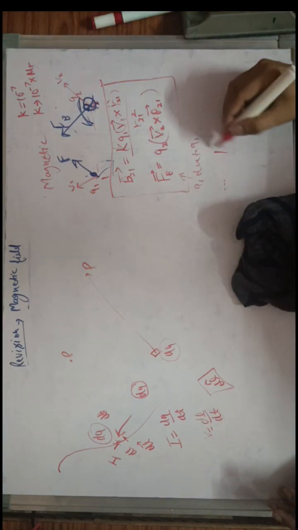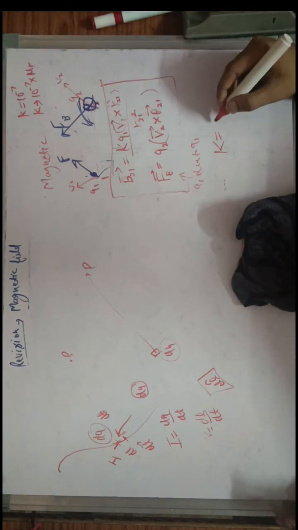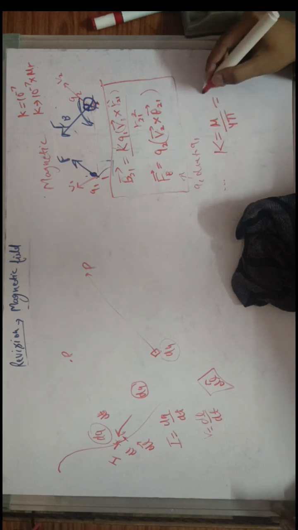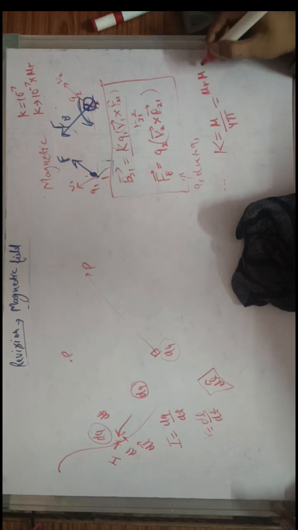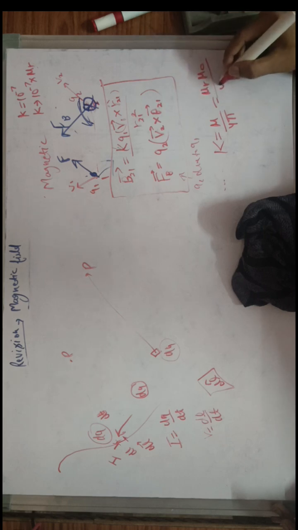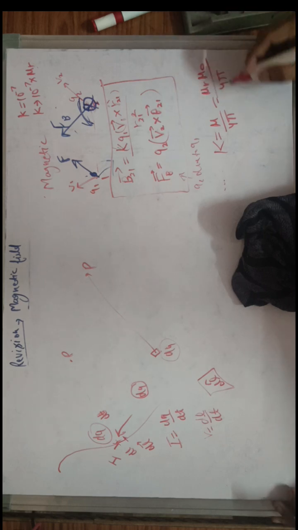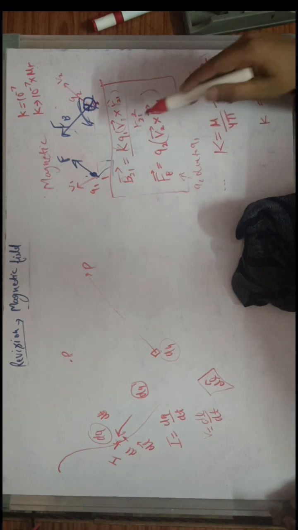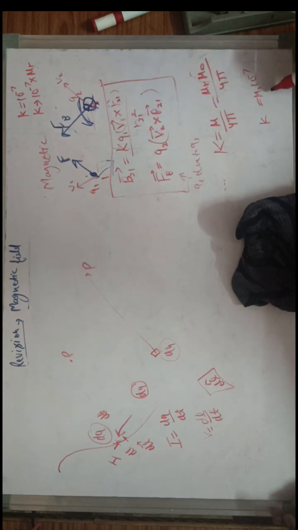The formula of k is equal to mu upon 4 pi, which is written as mu relative into mu naught divided by 4 pi, where the value of mu naught upon 4 pi is given as 10 to the power minus 7, and multiplying it by mu r is equal to this k value. And if vacuum is used, then mu r becomes 1. Mu r is equal to 1 for vacuum.